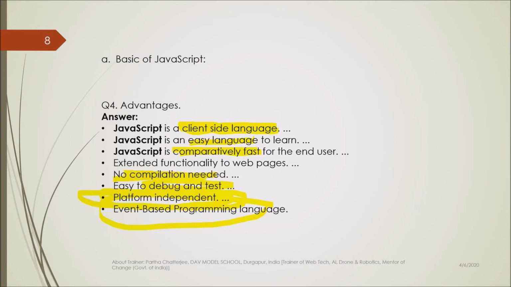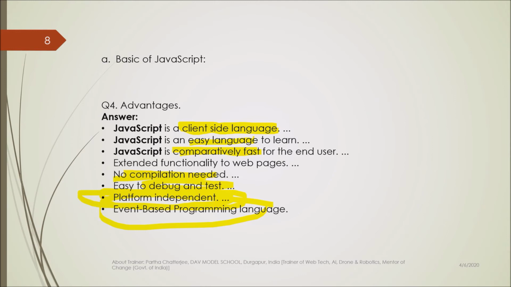For example, if you get a document in Microsoft Word format and Microsoft Word doesn't exist on your machine, you need to set up the platform of the Microsoft Office package to run that Word file. That is platform dependency.